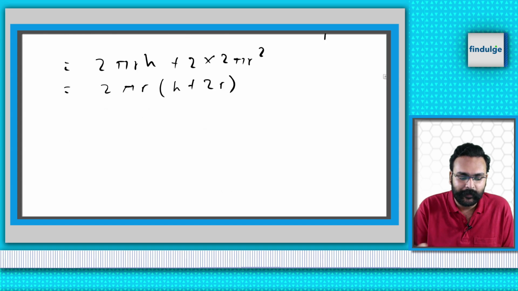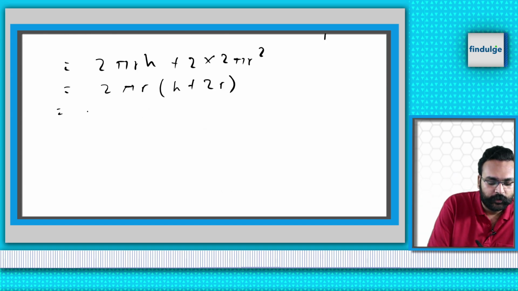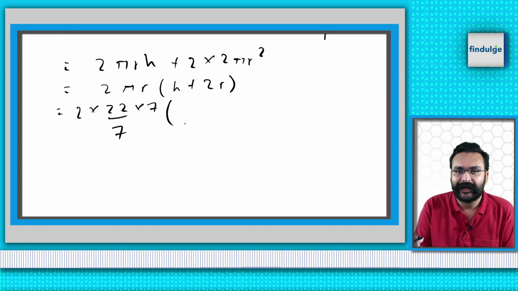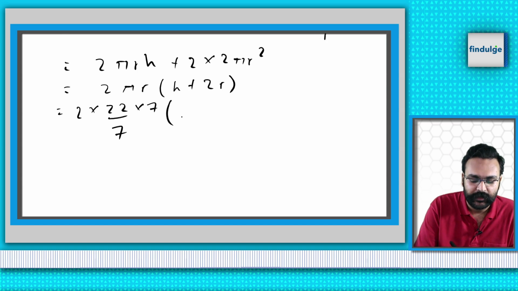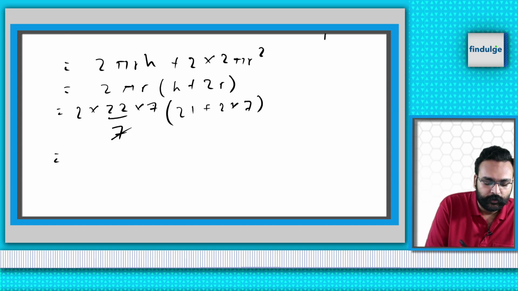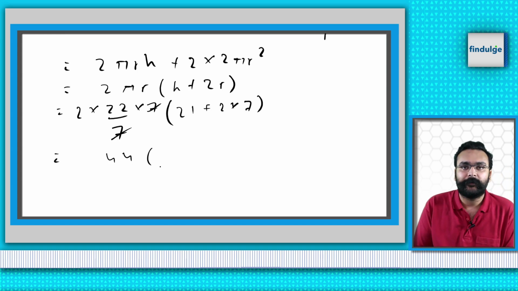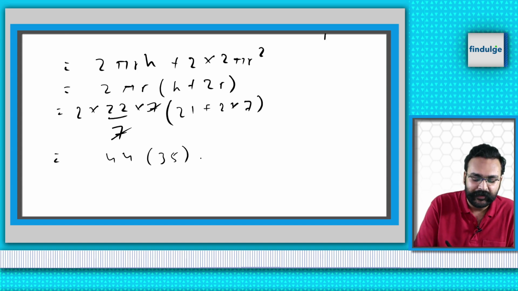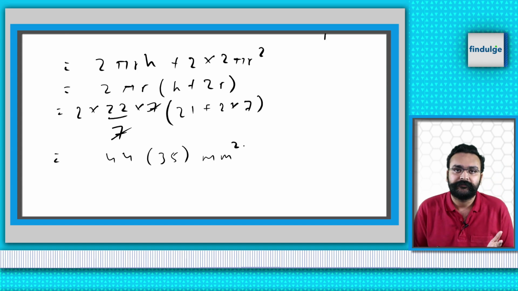And so when I substitute my values now, I'll get 2 into 22 by 7 into 7 into, in the brackets, h, which was 21 plus 2 times 7, which is equal to 2 times 22, 44, in the brackets 21 plus 14, 35, again now here millimeter squared.